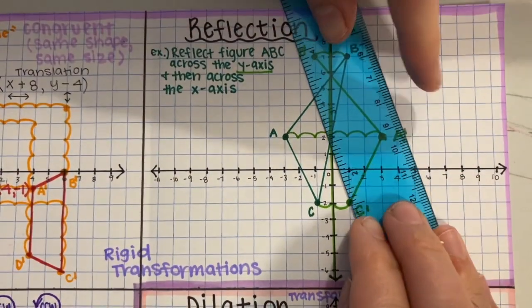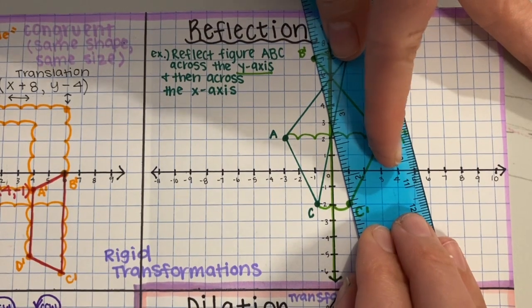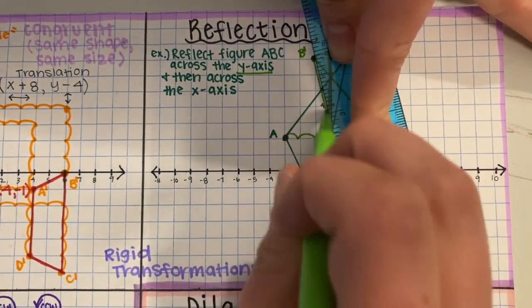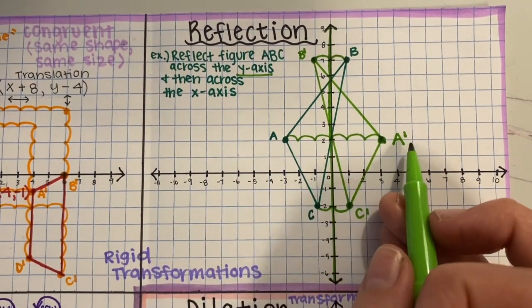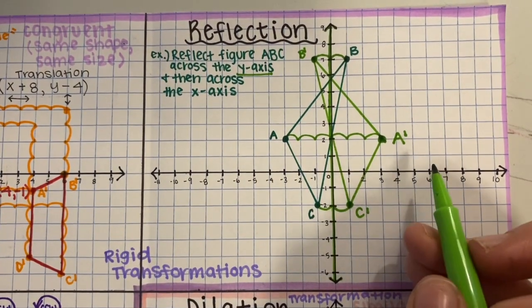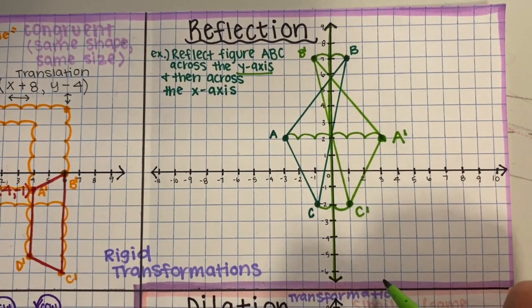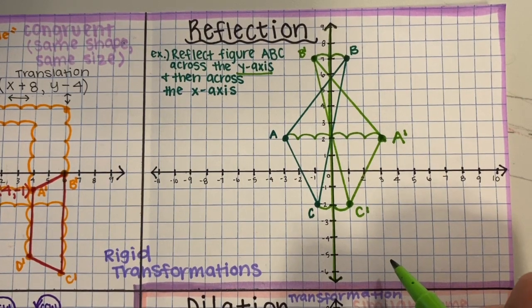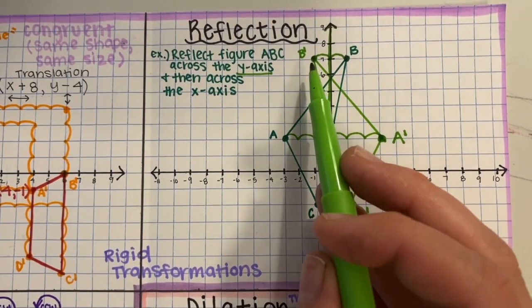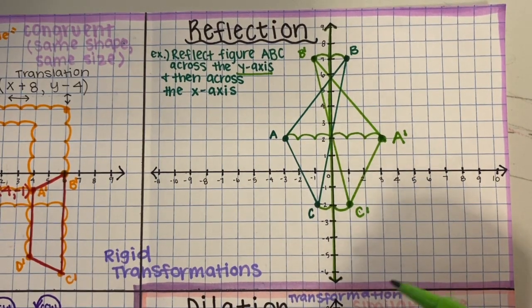So what we have created here is a mirror image, or we've just simply flipped our image across Y. Then it wants us to flip it across X. So I'm going to flip A prime, B prime, C prime across X now.